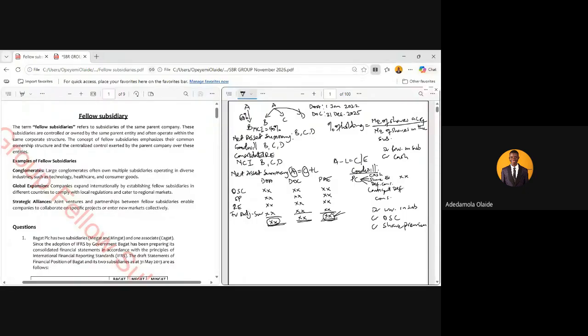Deferred consideration is where you want to buy the subsidiary today, but you want to pay at a future date, even if it is tomorrow. You know, in finance, we have said that time value of money. A naira today is not the same thing as a naira tomorrow. So the moment you are not paying immediately for the shares, we refer to it as deferred consideration.